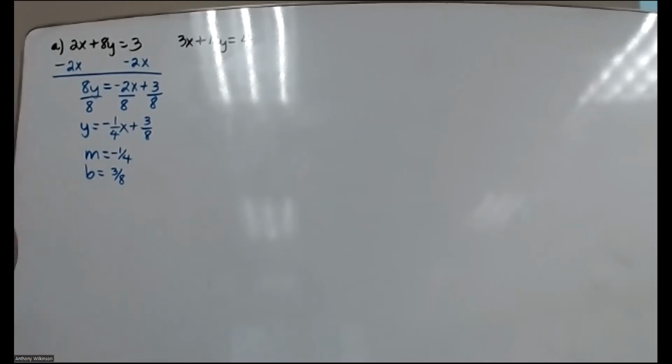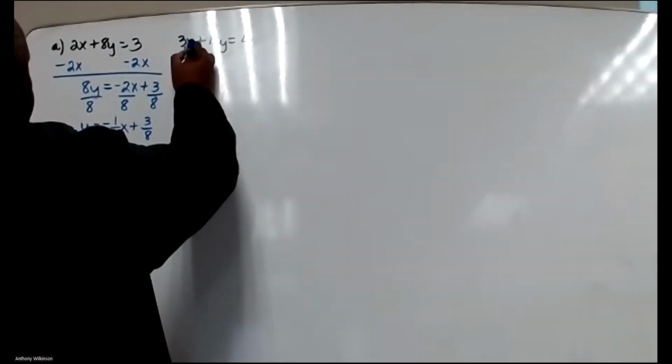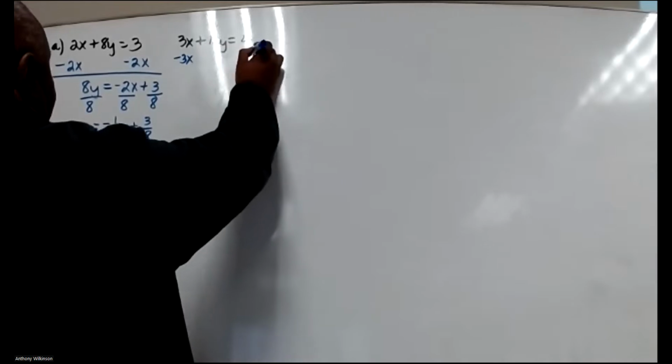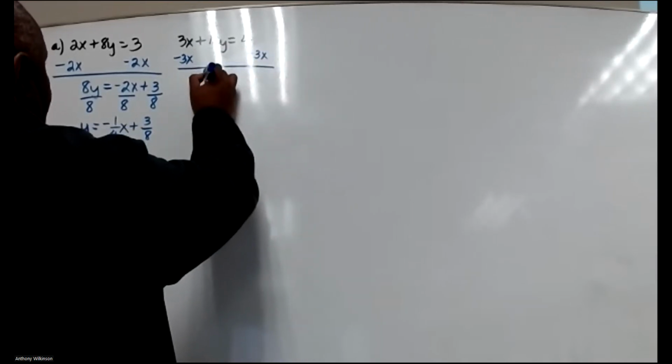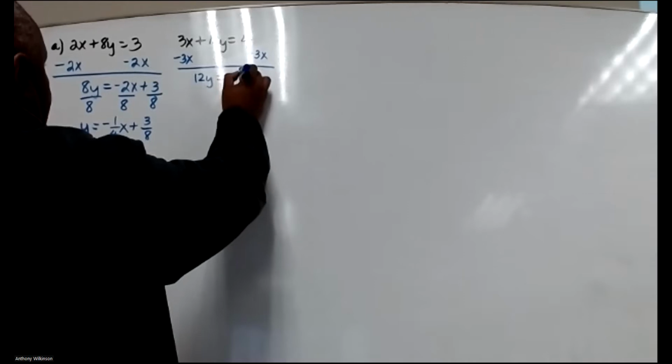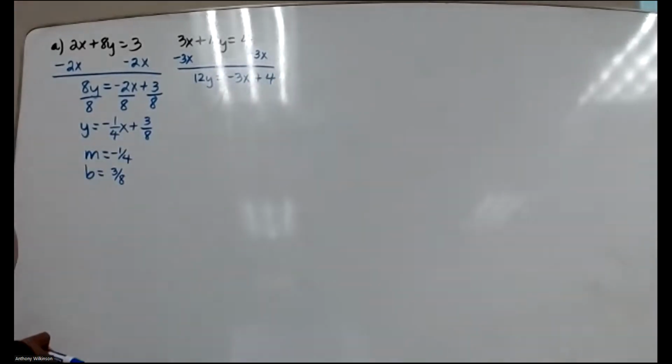Okay, let's do the same thing for 3x plus 12y is equal to 4. To get 12y by itself, I need to subtract 3x on both sides. So that means I have 12y is equal to -3x plus 4.